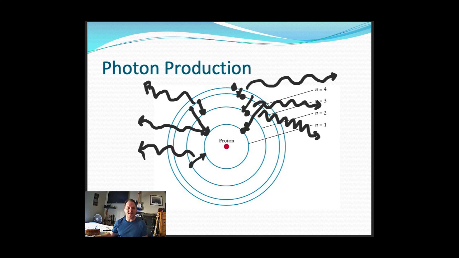Now, in this world I've created, there are actually 1, 2, 3, 4, 5, 6 different types of photons that could be produced. Now, an electron can't go from 1.5 to 2. It can't go from 3.6 down to 1.4. It can only go from 4 to 3, 4 to 2, 4 to 1, 3 to 2, 3 to 1, 2 to 1. Those are the only possible jumps. Therefore, this atom is only capable of producing 6 different types of photons of different energy. So how could we determine what those energies are?